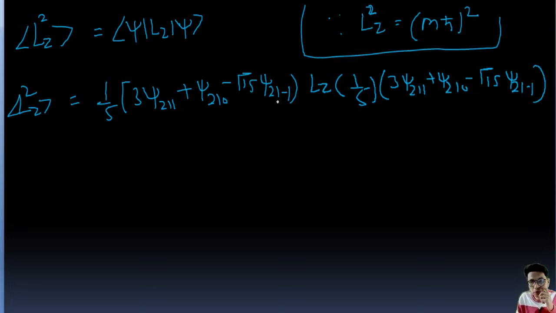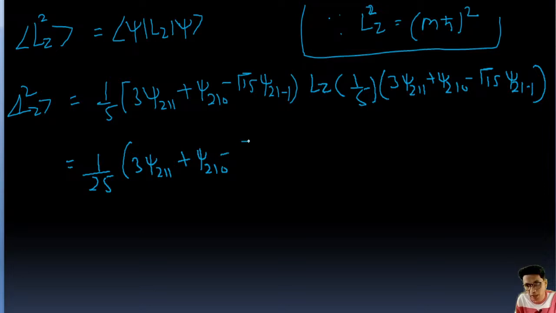So we'll again multiply it, so it is going to be 1 upon 25, and Lz will multiply, so this is going to be 3 psi 211 plus psi 210 minus root 15 psi 21 minus 1.